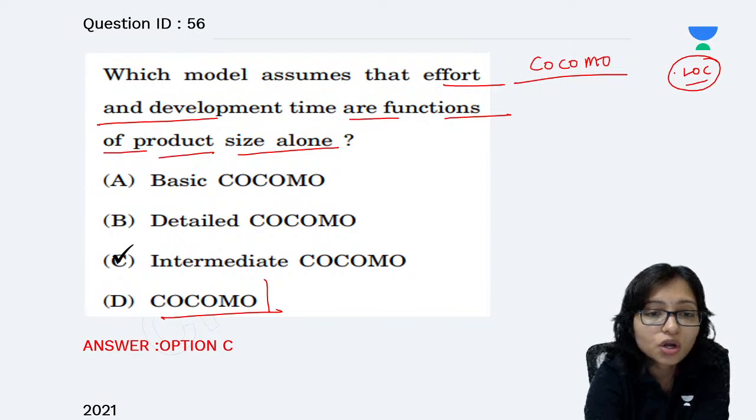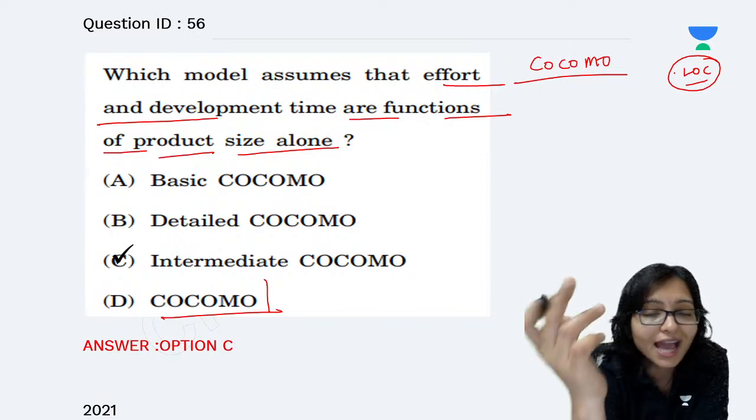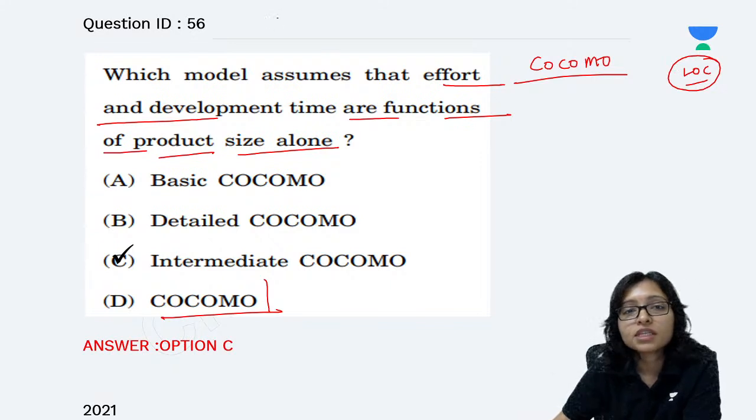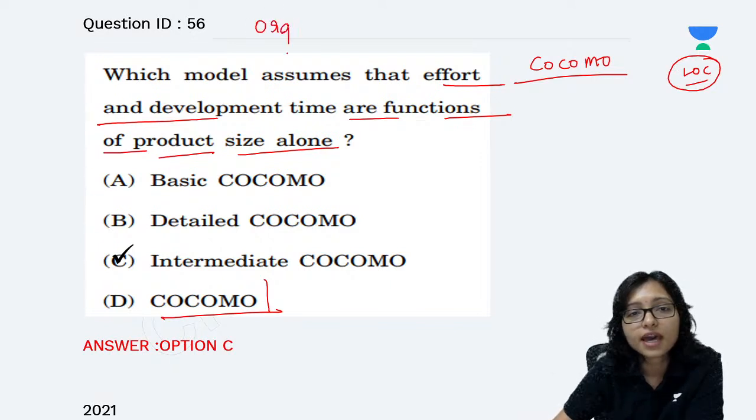Okay, so according to the type, we divide projects into 3 types. First of all, organic.